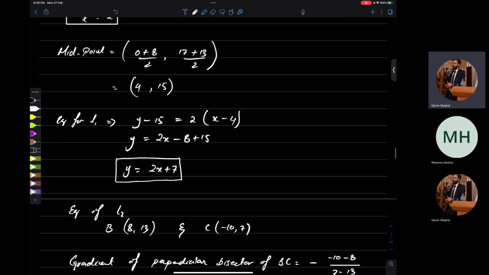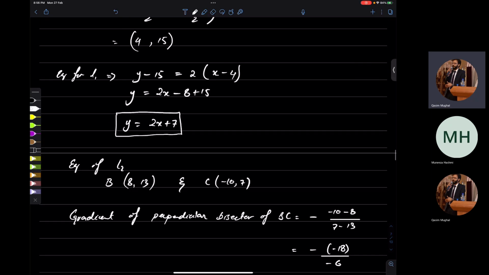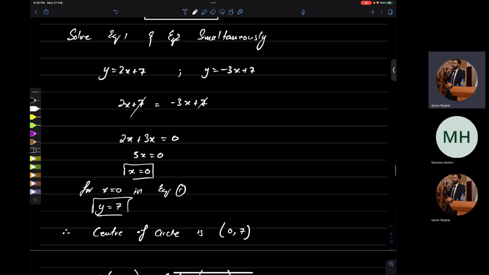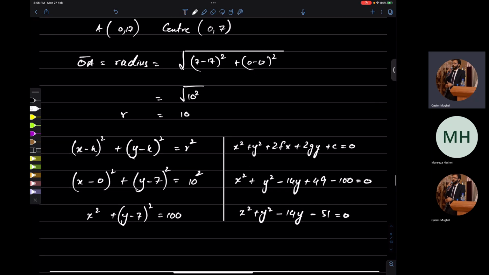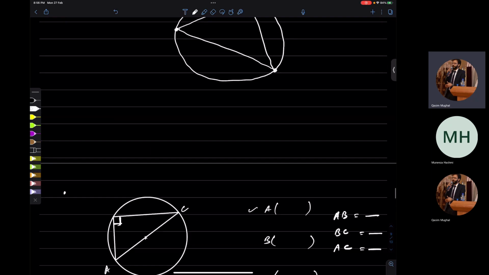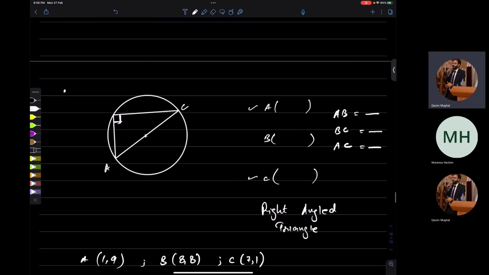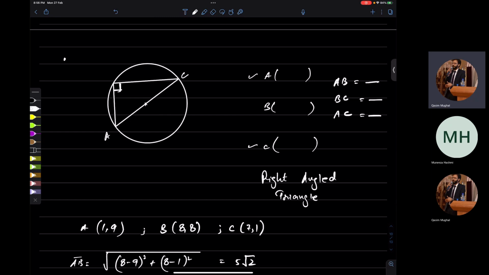And once we have the center, we can work out the radius by calculating the distance from the center to any of the points on the circle. That would give us the radius, and we can work out the equation of the circle. Then we studied another concept, the circumcircle: we can always draw a unique circle through the three vertices of a triangle, which is known as a circumcircle.